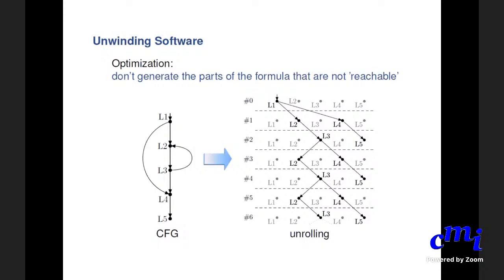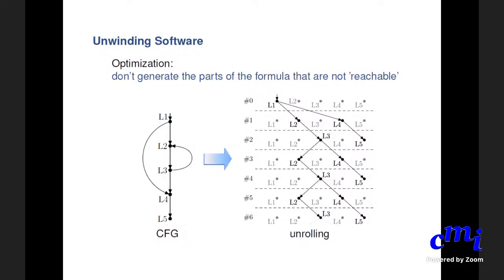So if you did the unwinding on the CFG, then you'll be generating the formula for every path. Then your formulas will be a lot slimmer, a lot leaner, and that is the idea when you're dealing with software.